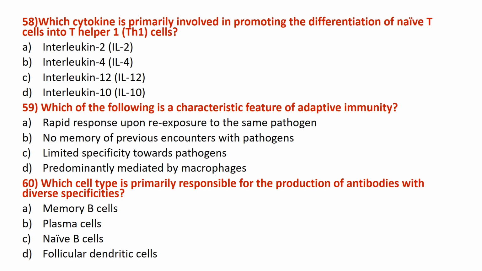immune system. Which cytokine is primarily involved in promoting the differentiation of naive T cell into T helper 1, Th1 cells? And the right answer is IL-12 is responsible for the differentiation of naive T cells into Th1 cells.